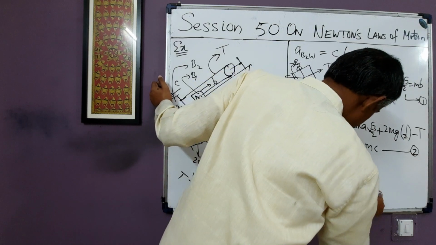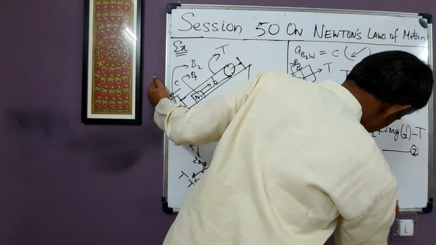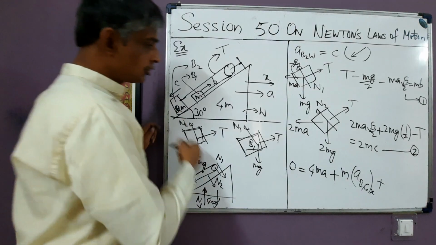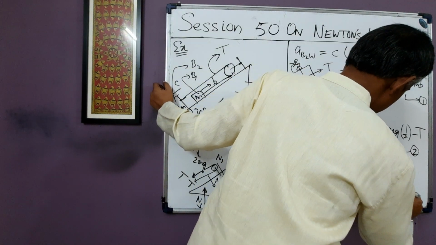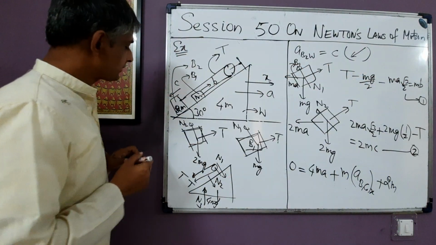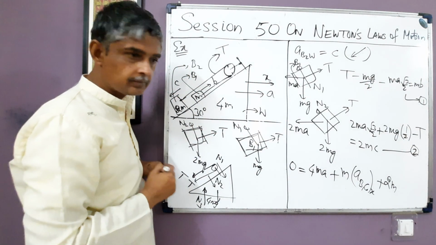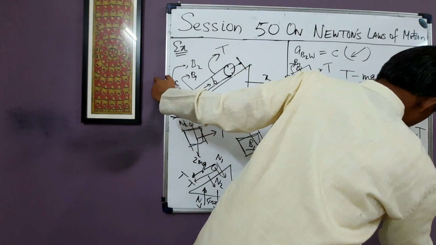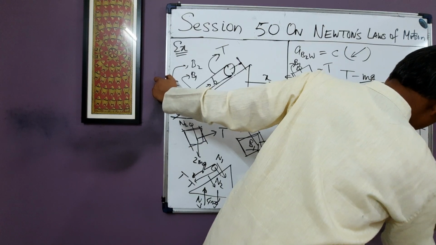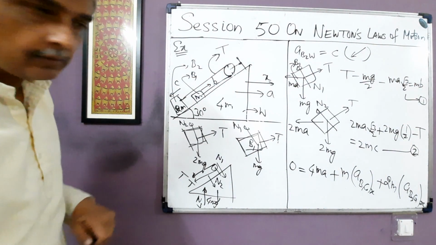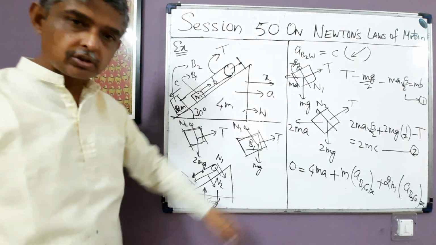So m a B1g x component. Okay, fine. Plus 2m times acceleration of block B2 with respect to ground in this direction, that is along x direction. We write as x component of acceleration of block B2 with respect to ground. Okay, fine. From the theory of combined equation of motion.